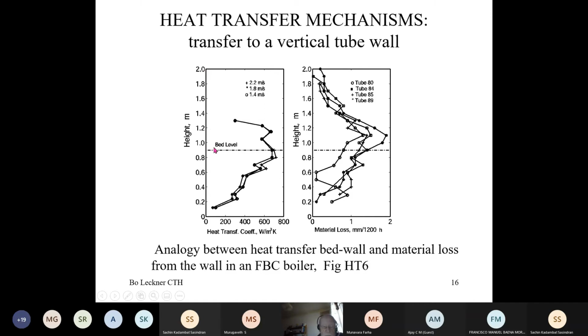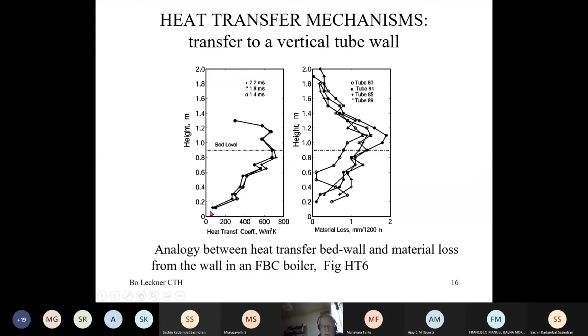The bed surface is here at about 1 meter, and then this goes to the nozzle bottom, which is here. And you can see that at the surface of the bed we have a reasonably high, representative heat transfer coefficient, but then it falls.